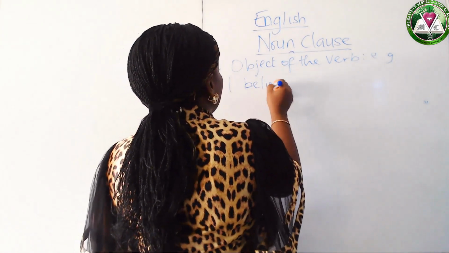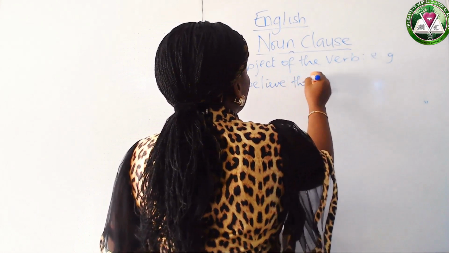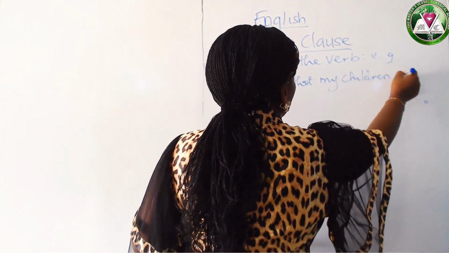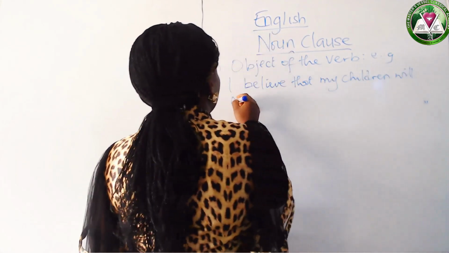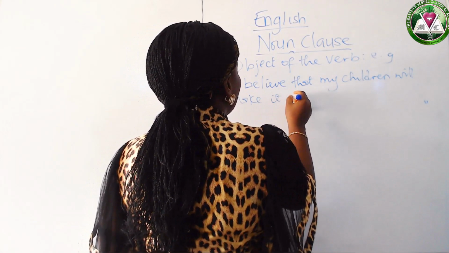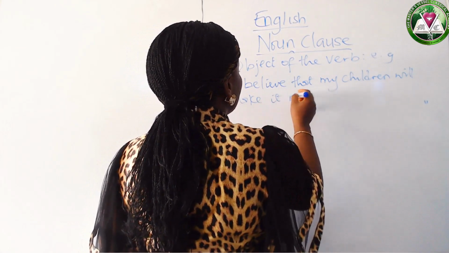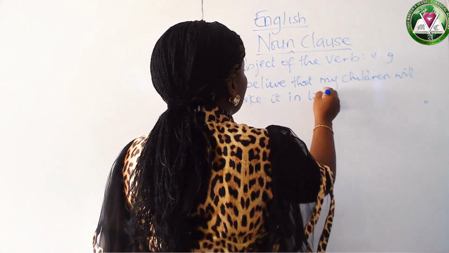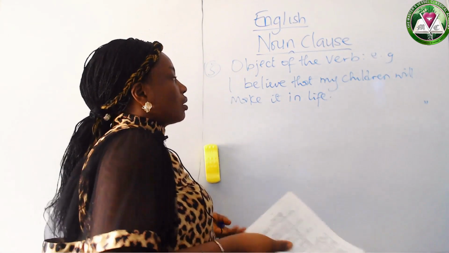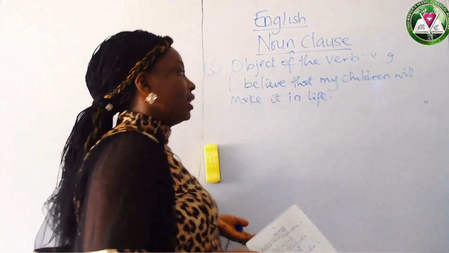I believe that my children will make it in life. Make it in life, okay? Now, for us to identify the noun clause, we can ask our question: what is my belief?